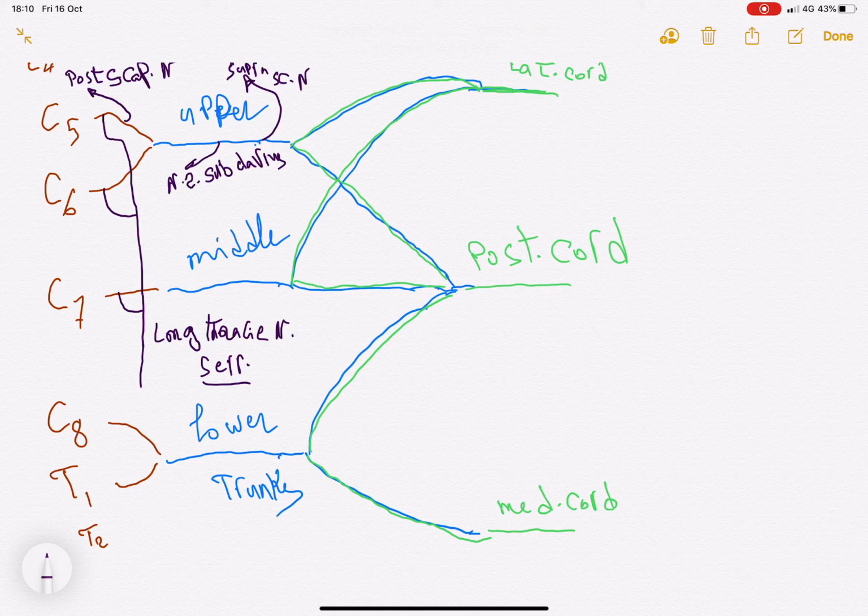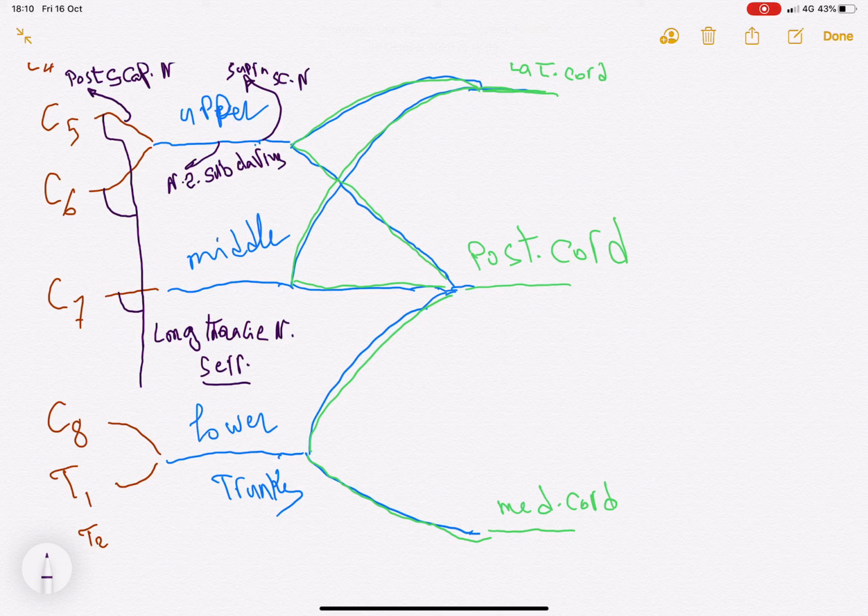Only the upper trunk gives the nerve to subclavius and the suprascapular nerve. As the name says, the nerve to subclavius goes to subclavius, and the suprascapular nerve goes to supraspinatus and infraspinatus muscles.